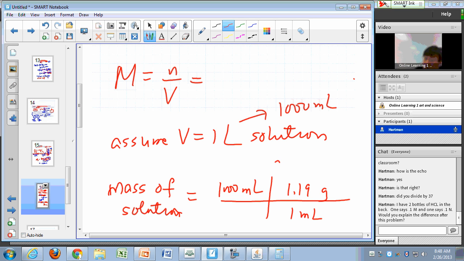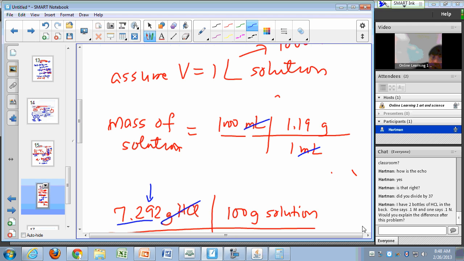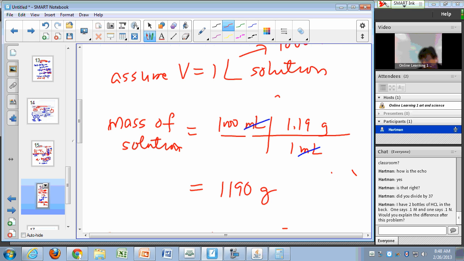So you just use your density to figure out the mass of your solution. That's your specific gravity. And so that gives you 1,190 grams of solution.